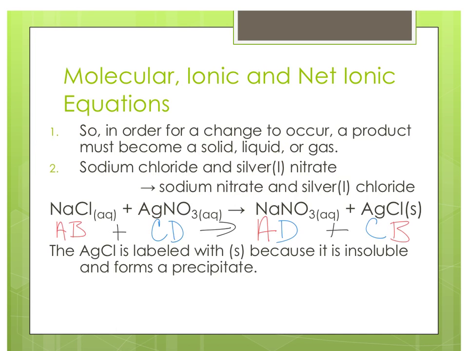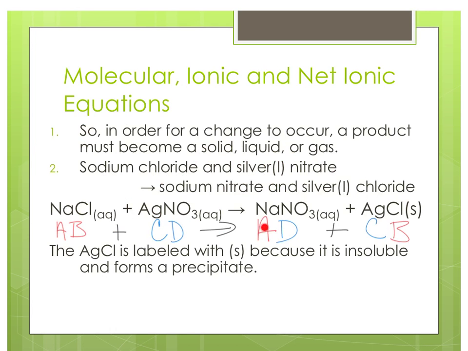A couple of things I want to point out. Notice that both of the reactants are aqueous. In a double replacement reaction, that is going to be incredibly common. Nearly all the time, both reactants will be aqueous.